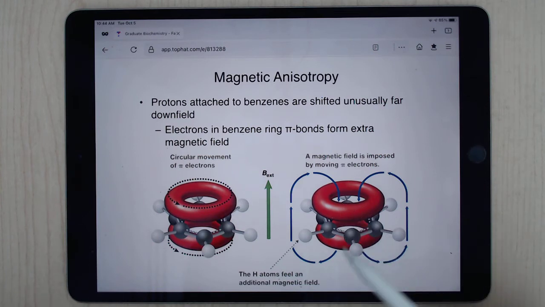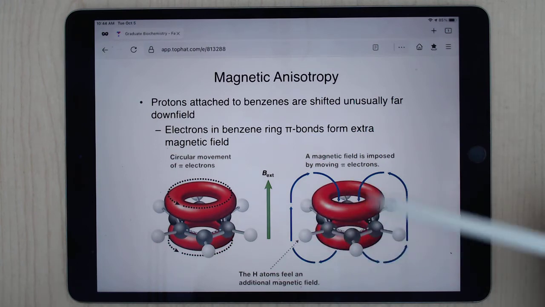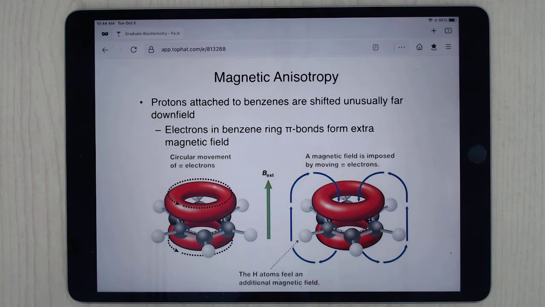So it's going to make an extra big magnetic field. The hydrogen feels not only your external magnetic field, but also the giant magnetic field caused by the electrons moving around here. So it's feeling a lot of magnetic field, and it really shifts the signal down to around 7, which is very diagnostic.